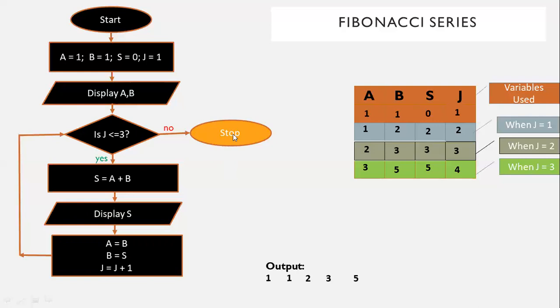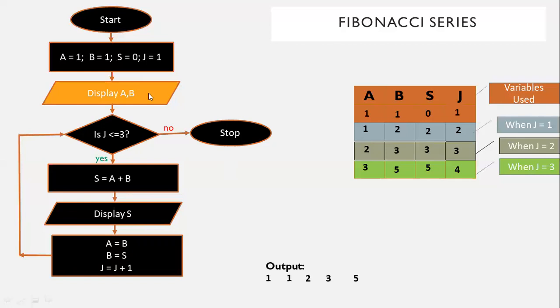Now, the thing that we need to pay attention to is over here. We are printing 5 different numbers in the Fibonacci series. So why are we looping this statement for 3 times? It is so because we have already displayed the 2 initial numbers up here before the loop.